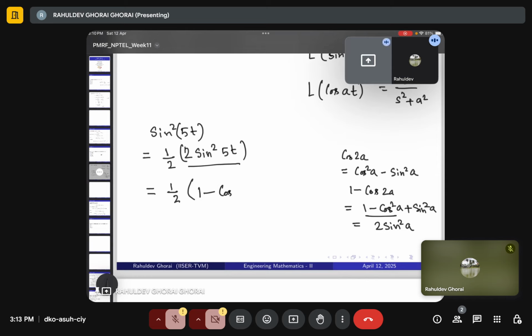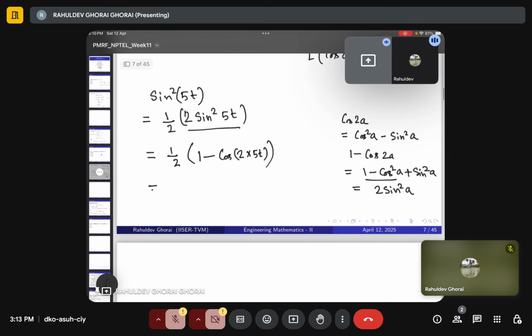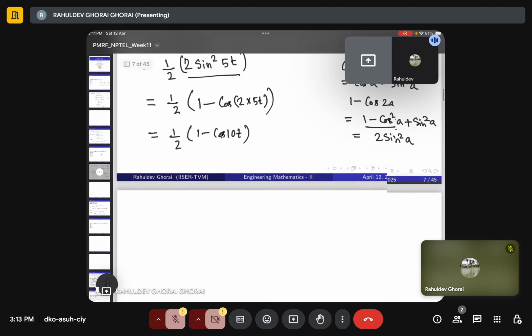Instead of a, it is 2a, so 2 times 5t. Let me write it like this for better understanding. So that is half of 1 minus cos 10t. Now we know the formula.